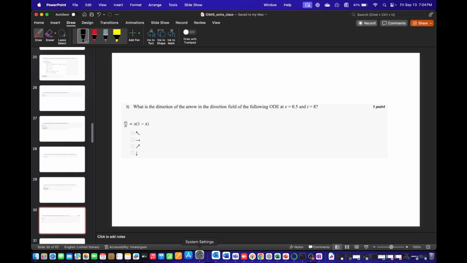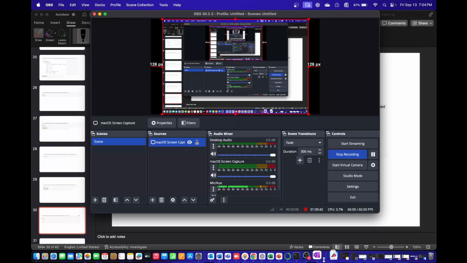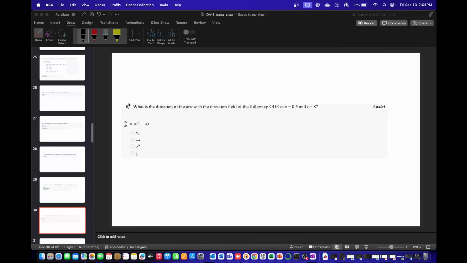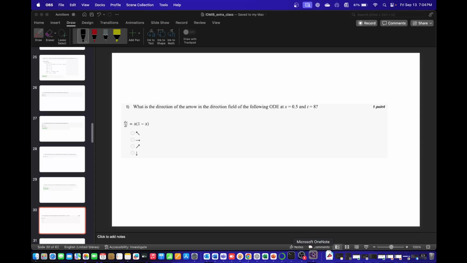So you just need to find out the slope of x and t at that point. The slope is given by dx/dt. So you have to find the value of dx/dt at x equal to 0.5 and t equal to 8. It's quite simple.